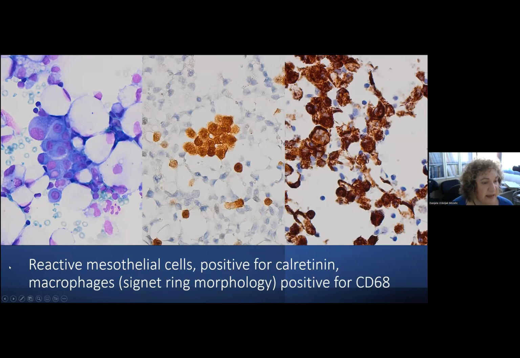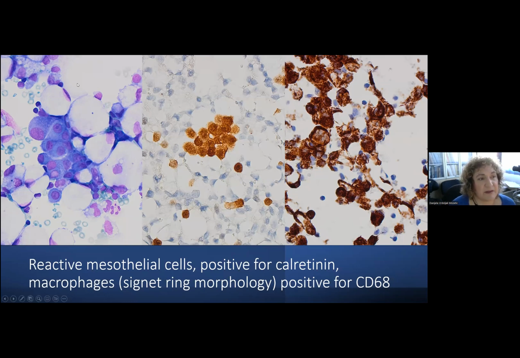Another example of reactive mesothelial cells, we have here a little bit of anisonucleosis, anisocytosis with nucleoli, big nucleoli, and also few cells almost look like signet ring cells, but we all know that mesothelial cells, when they stay for a long time in the fluid, can look like this, and this is the consequence of degenerative changes.